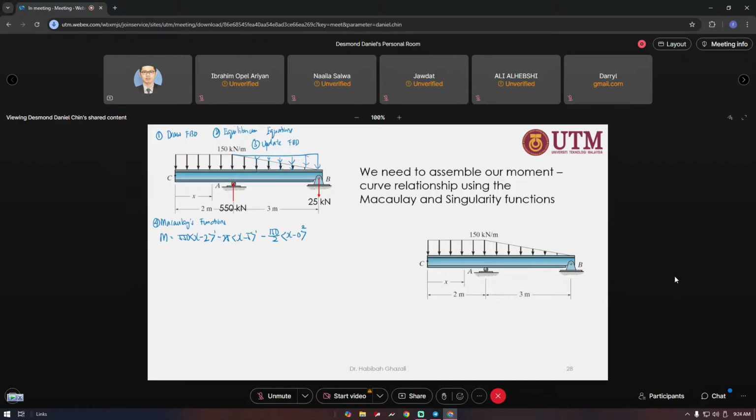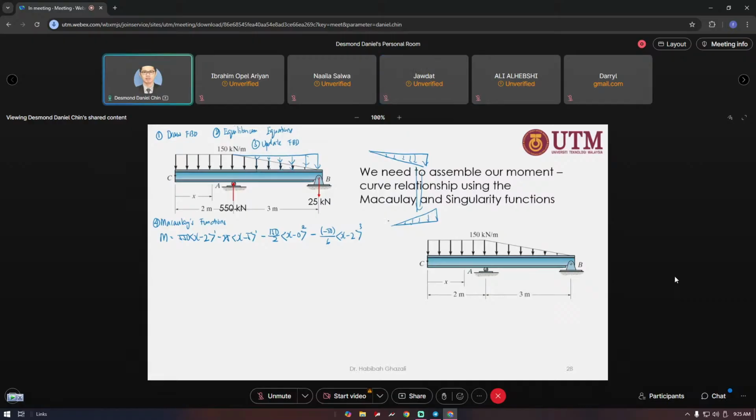Or, you directly minus like this: minus 50 divided by 6 times (x minus 2) cubed. Because this is the triangular loading, right? It is also equal to such, right? It is the same thing, isn't it? Can you imagine that? Yeah.